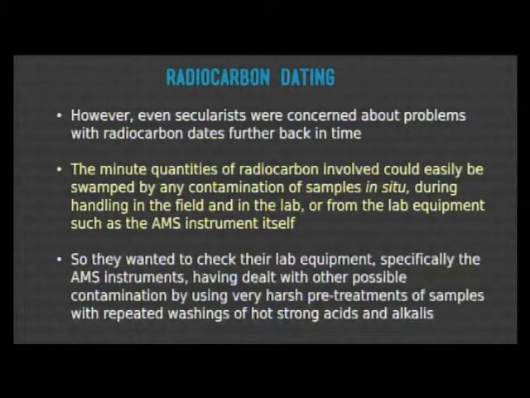Contamination could occur in situ during handling of the materials in the field or in the laboratory, or from the lab equipment, such as the accelerator mass spectrometer instrument itself. So in the early 1980s, they wanted to check their instruments and laboratory equipment to see if there was any contamination.